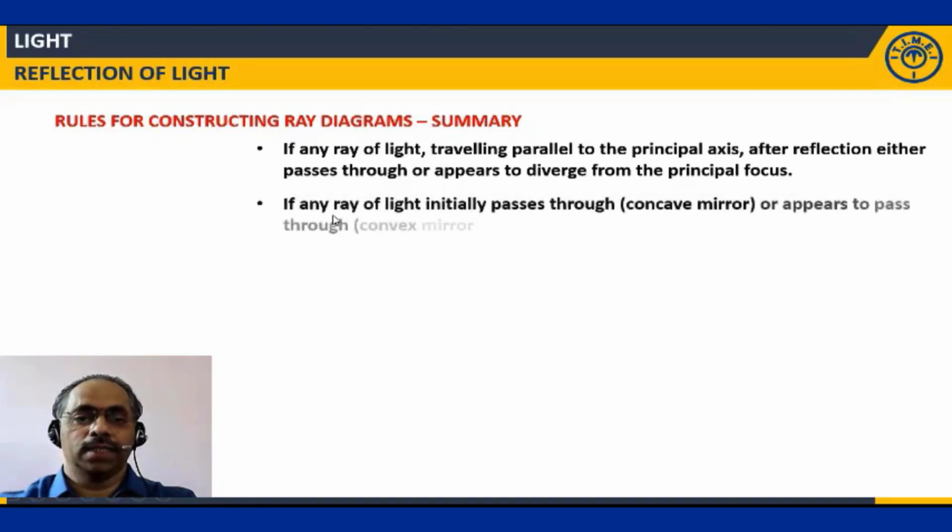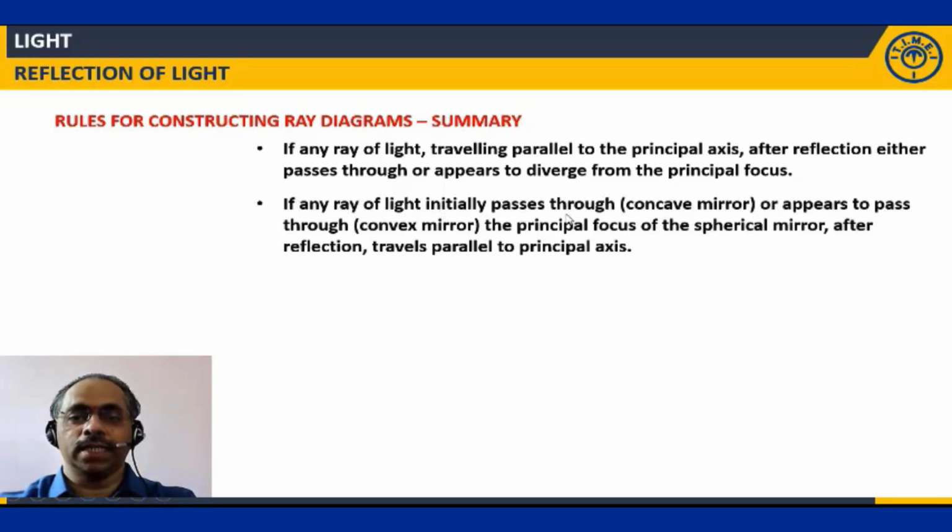Next, if a ray of light initially passes through, in a concave mirror, or appears to pass through, in a convex mirror, the principal focus of the spherical mirror, after reflection it travels parallel to the principal axis. So the first point is parallel to the principal axis. Second is passing through or directed towards the focus. Let us consider the third point.